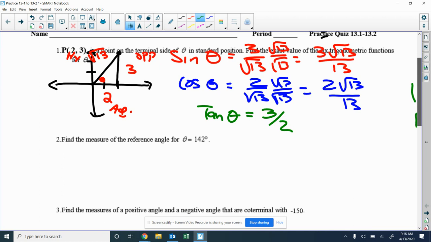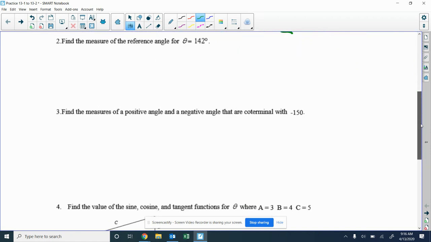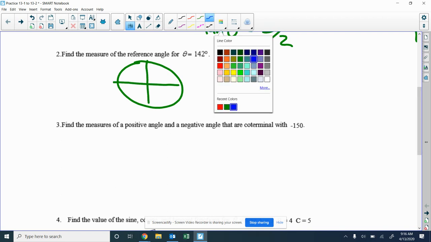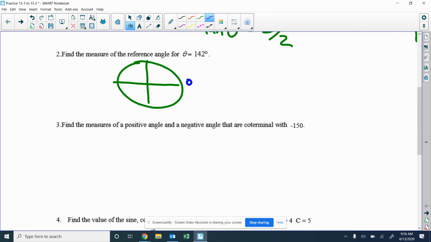Okay, moving on to number 2 now. And that is find the reference angle. So we're going to draw a circle. And we're going to go with 0 here, so 90 up here. And this would be 180, of course.